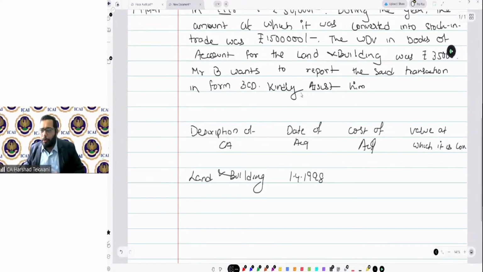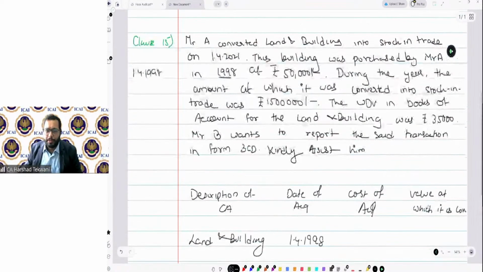Now what will be the cost of acquisition in the current case, guys? What will you report as the cost of acquisition over here?